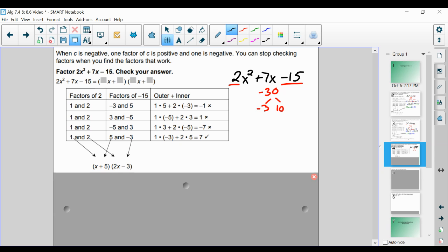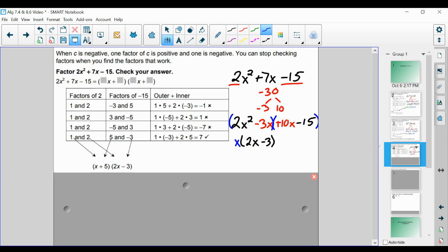So we're going to go back into our original problem and replace it. We have 2x squared minus 3x plus 10x minus 15. We can do our grouping method. We can pull out an x in that first set. We end up with 2x minus 3.